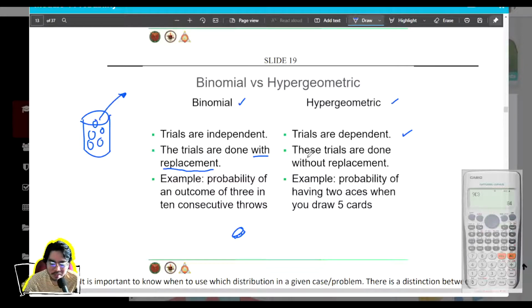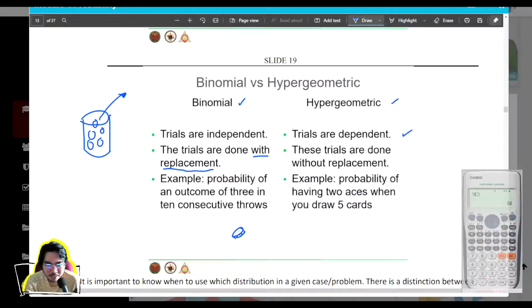Kung independent, thumbs down. Oh, ba't may nag-party symbol? Sige. Thumbs down. So, may question mark. So, that's okay na. So, pag coin toss, it's actually independent. So, tama yung mga nag-thumbs down, no?